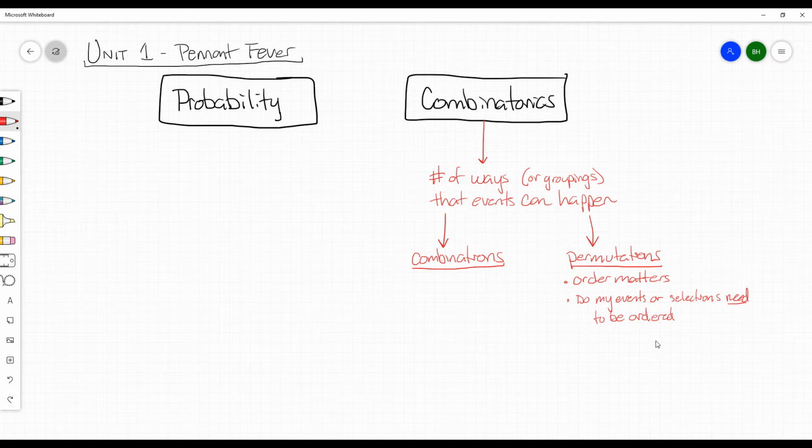Do they need to be first, second, or third? Do they need to matter? If you answer yes to this, it's a permutation. If you answer no or even maybe, then it's probably a combination. So you can default to combination. With a combination, order doesn't matter.